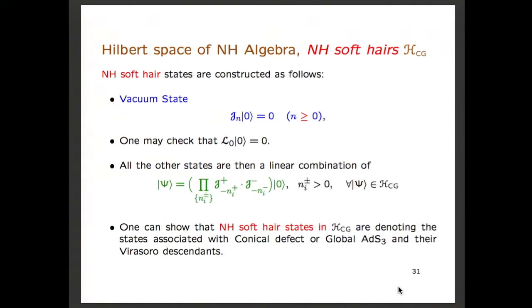The reason why I need to exclude n equals 0 here is that any small non-zero energy excitation at the near horizon, because of the infinite redshift, would correspond to a state with huge energy from the asymptotic observer. So it's better to just focus on the near horizon soft hairs. States which are not soft from the near horizon viewpoint should be excluded from this setting.